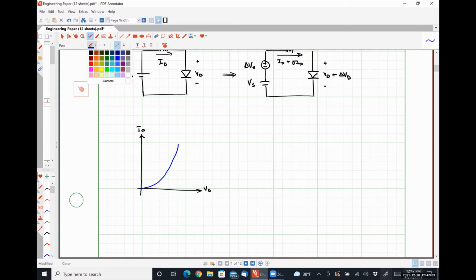I'm going to call this point the Q point. Q stands for quiescent operating point.